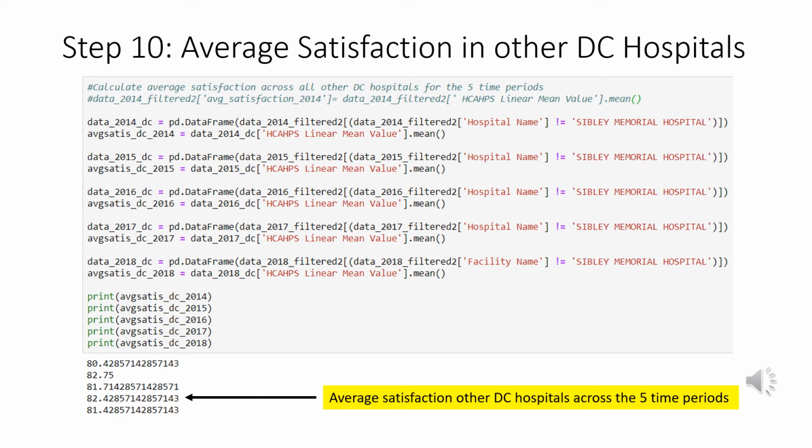And we do that by using this exclamation equal sign. So we say != Sibley Memorial Hospital. By doing so, we're excluding Sibley from that data set. So once we do that, then we're going to be able to calculate the average satisfaction for that resulting new data frame by calculating the mean of the HCAHPS Linear Mean Value column.